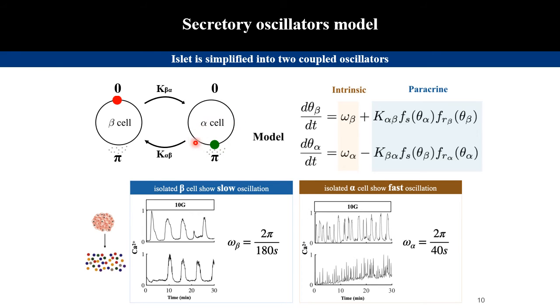And when the cells pass the phase pi, they will secrete hormones to instantaneously speed up or slow down their neighbor, according to the stimulatory or inhibitory paracrine interaction. And the coupling strength is described by the parameters K alpha-beta and K beta-alpha.